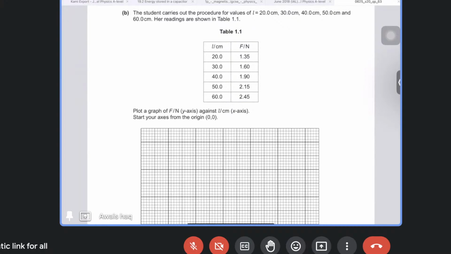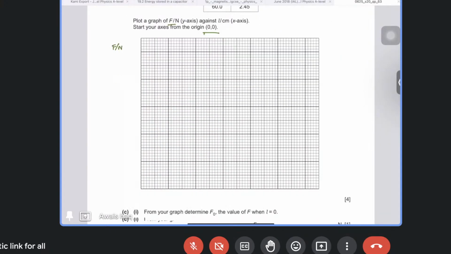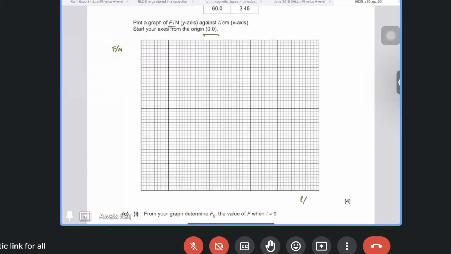So when it says that you have to plot a graph and start from the origin, the first thing you should always remember is that you're going to put labels of quantities and units, which means that if F is on the y-axis, you're going to write F slash the unit of it, and L slash the unit of it.